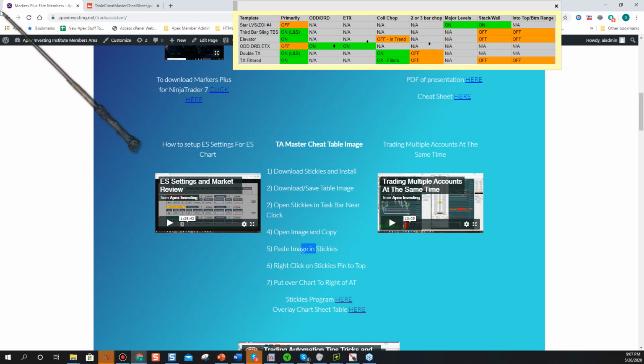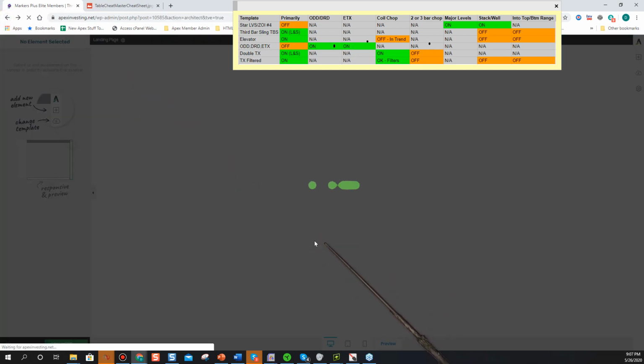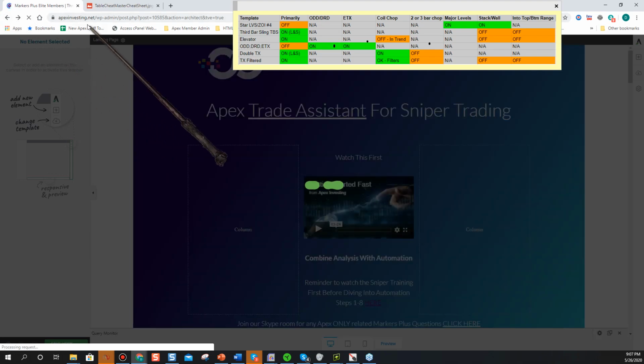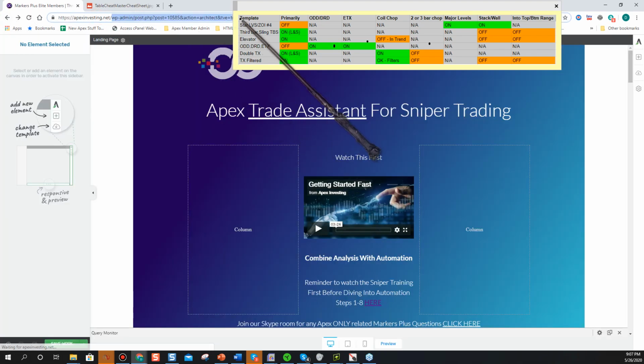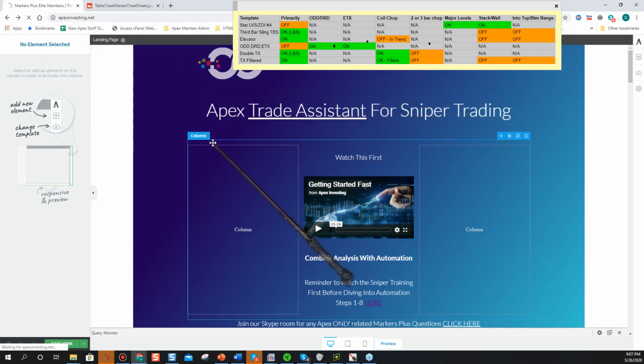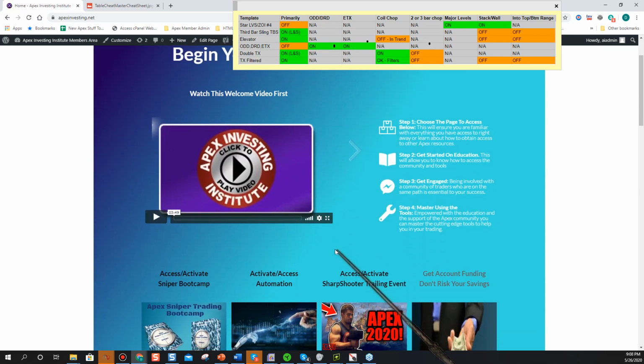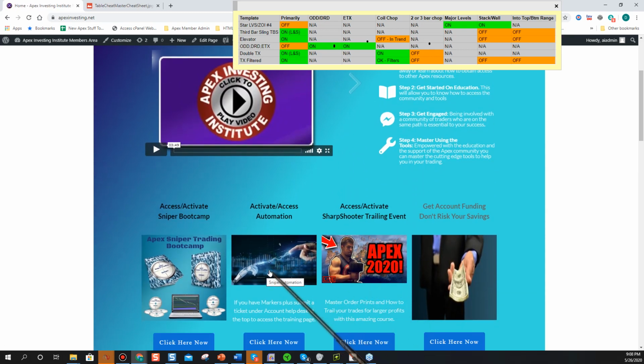But it's the second link on the home page of apexinvesting.net. So if we go to apexinvesting.net, right here, the automation trading assistant right there. Okay.